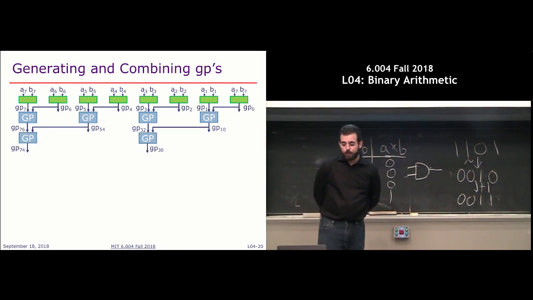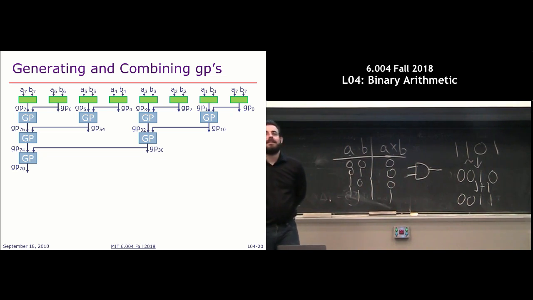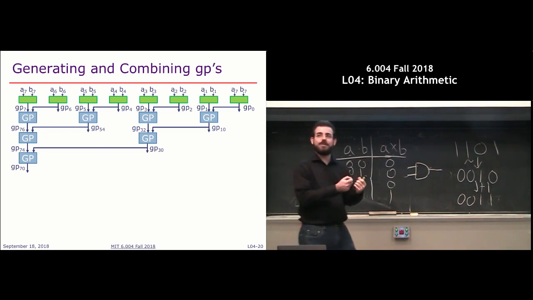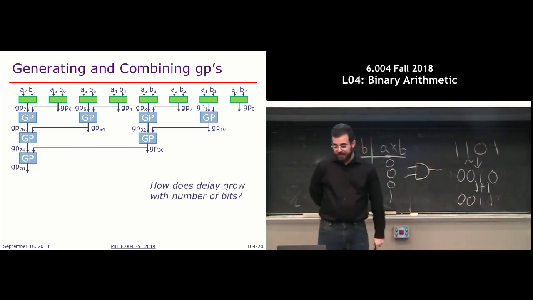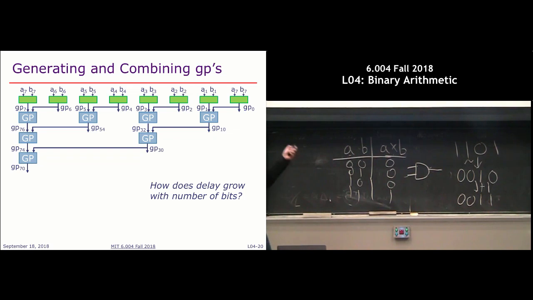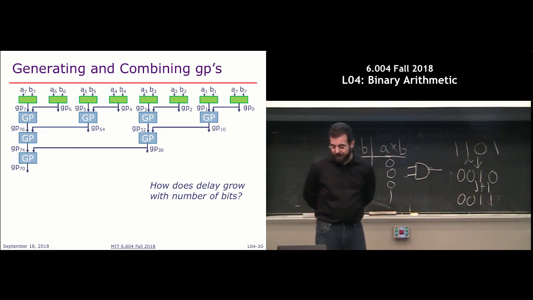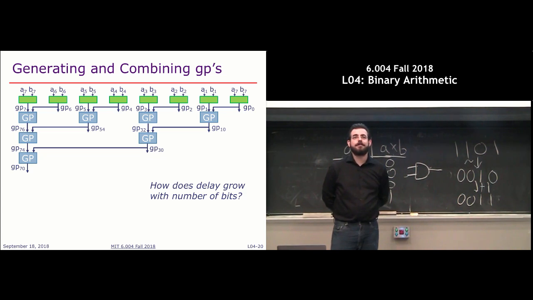You can keep going, and again, build this tree. So with GP70, if I give you the carry in, you can produce the carry out directly. And this is a logarithmic depth, right? And so how does delay grow with the number of bits? Logarithmic.